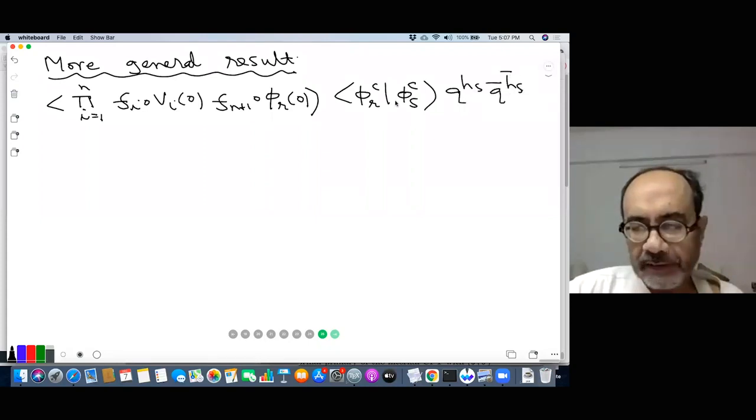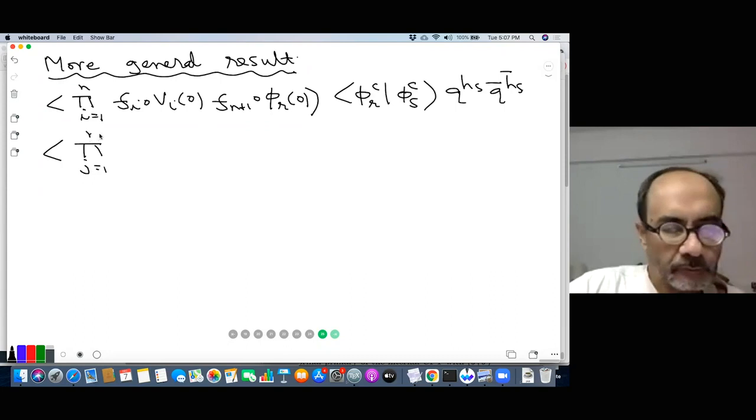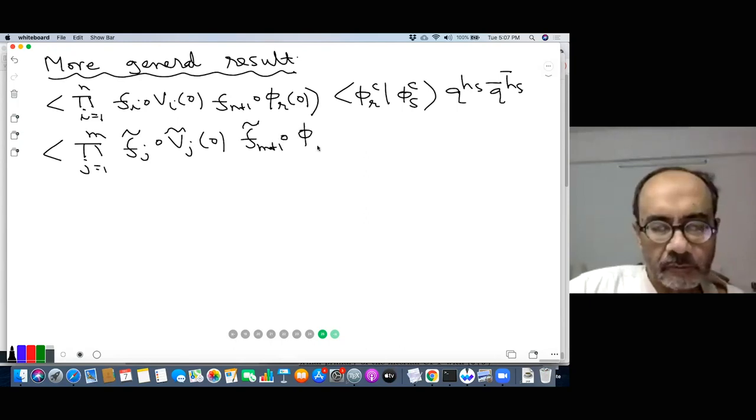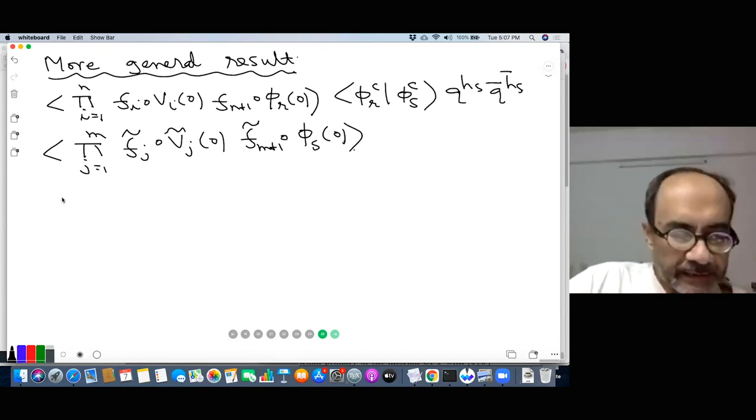The sum over R and S is implied. This is equal to a correlation function on a new surface, which is of the following form.